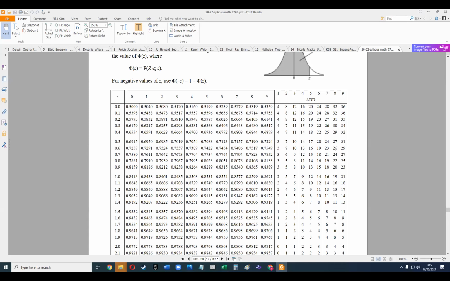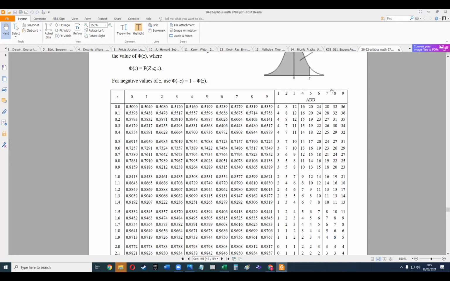We don't have 27, we just have 26 and 29. But 27 is closer to 26, so that's going to be 8. Hence, the value is going to be 0.678. That's how we're going to have it here.